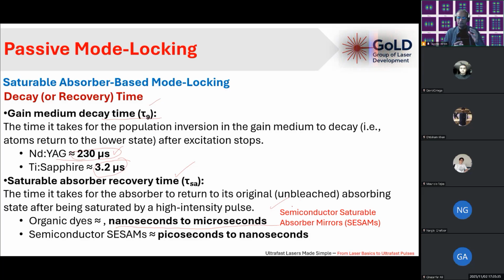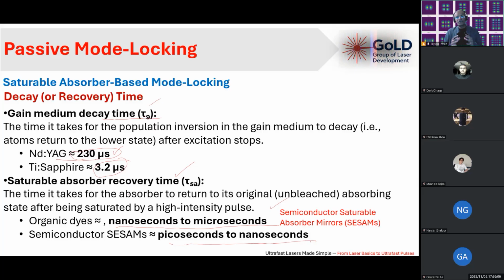Their recovery time is picoseconds to nanoseconds, while for organic dye it's nanoseconds to microseconds. Okay. So definitely the semiconductor type is much more efficient, with a shorter recovery time, so it's more promising for producing shorter pulses.